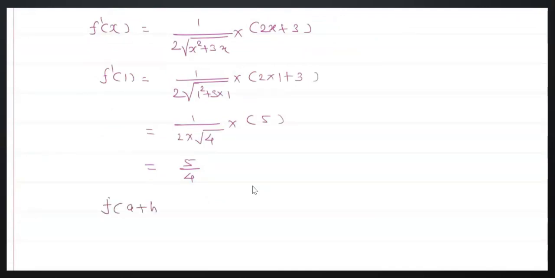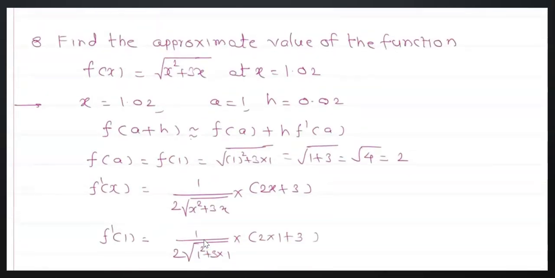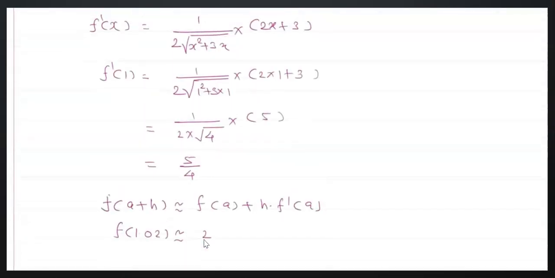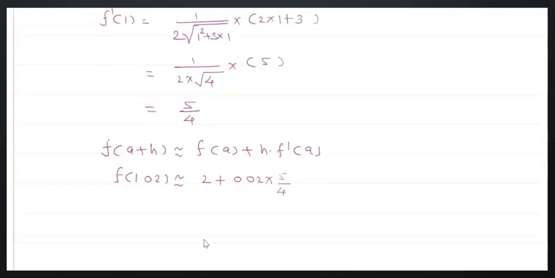f dash of 1 is equal to 5 by 4. f of a plus h is approximately equal to f of a plus h into f dash of a. Therefore, f of 1.02 is approximately equal to 2 plus 0.02 into 5 by 4.